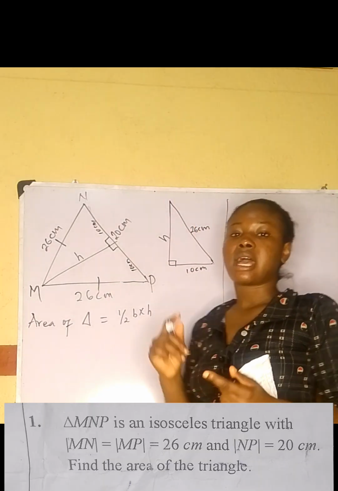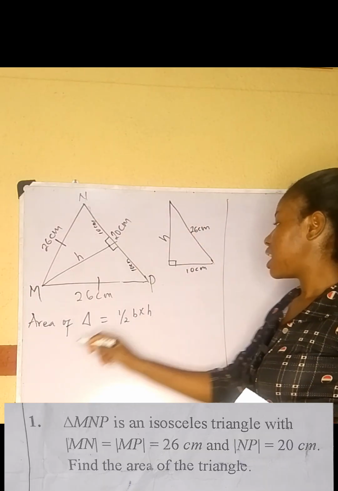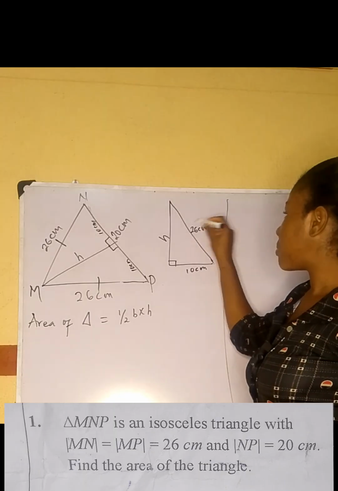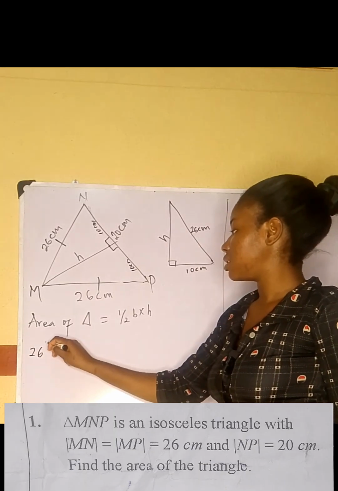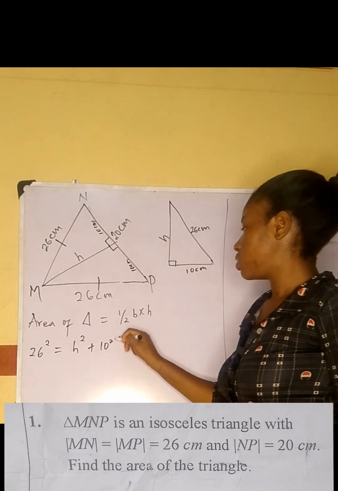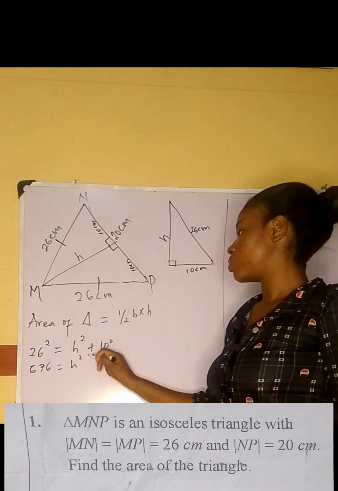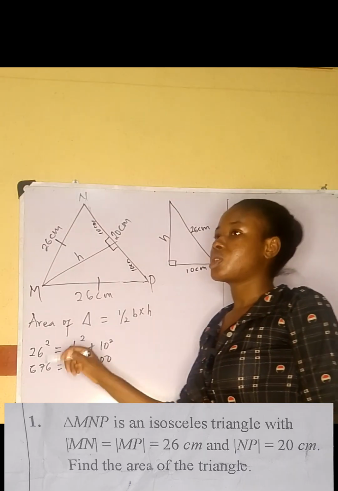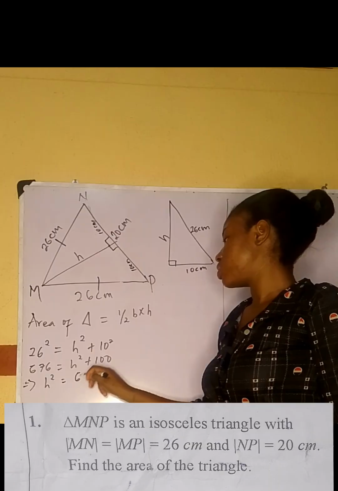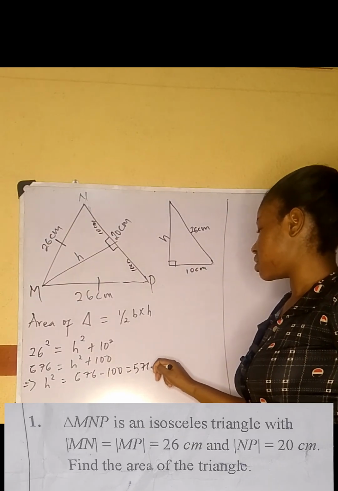So with this, I can now get the height. Applying Pythagoras theorem on this, this is my hypotenuse, so 26 squared is equal to h squared plus 10 squared, which is 676 is equal to h squared plus 100. So working on this, h squared will now be equal to 676 minus 100, which is 576.